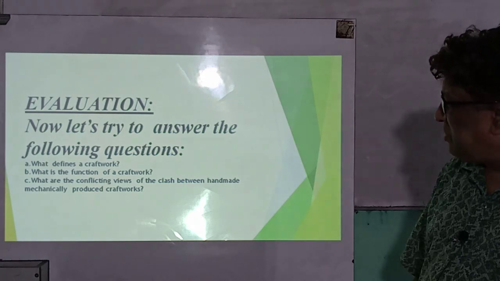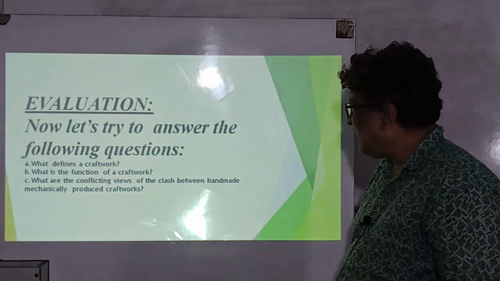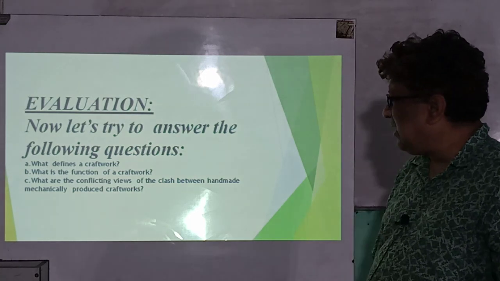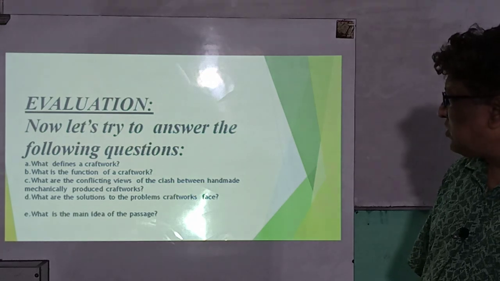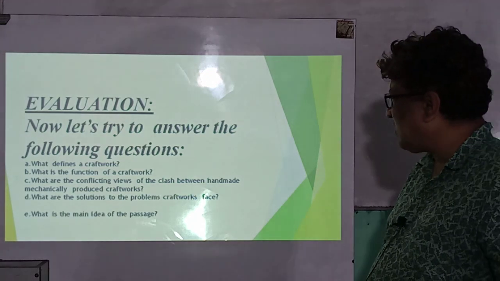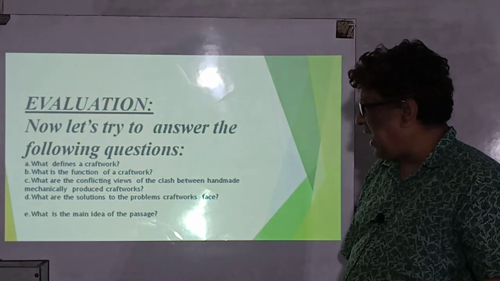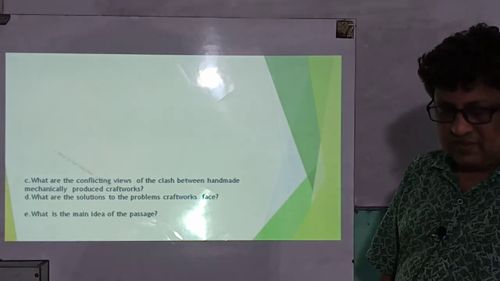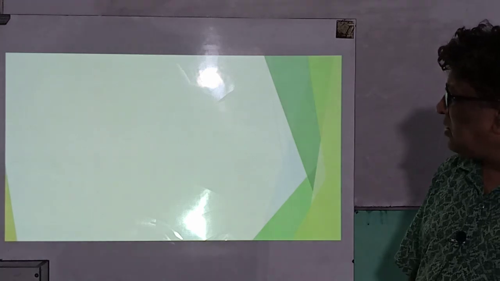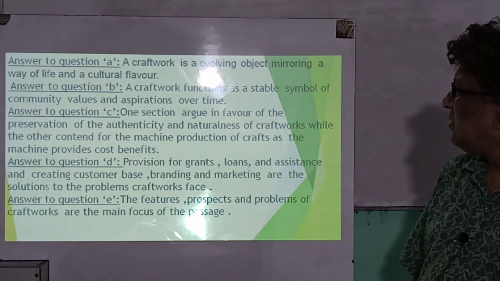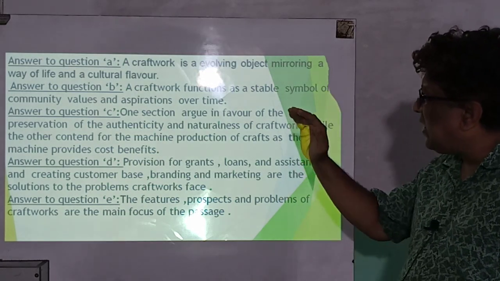What are the conflicting views of the clash between handmade and mechanically produced Kraftwerks? And what are the solutions to the problems Kraftwerks face? And finally, what is the main idea of the passage? And we have our answers on this screen.